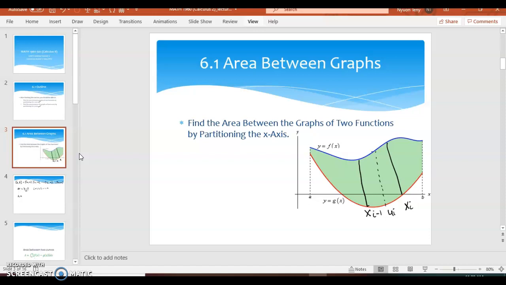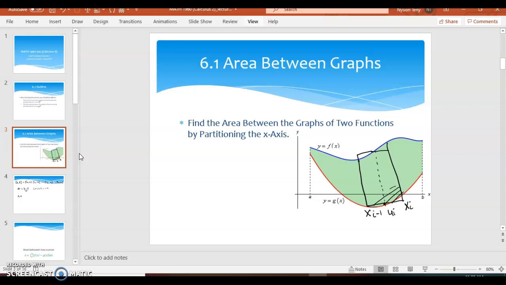Here we're going to make a rectangle, and the length of the rectangle is determined by midpoint approximation. So what we want to find is this area here.